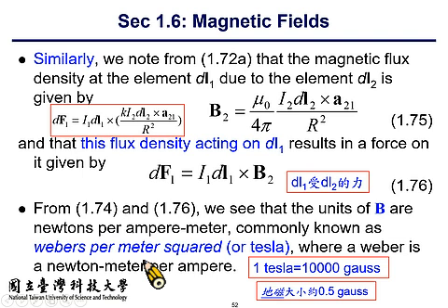Gauss is the name we will mention next month, with Gauss's law. The Earth's magnetic field is actually relatively small, only 0.5 Gauss. So Tesla is a very large unit for magnetic flux density.